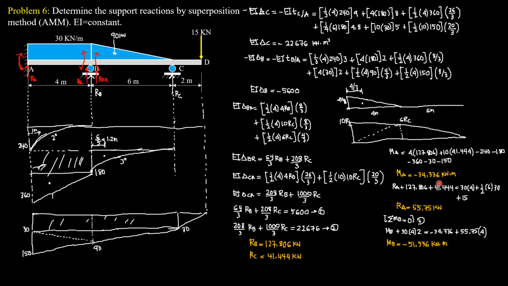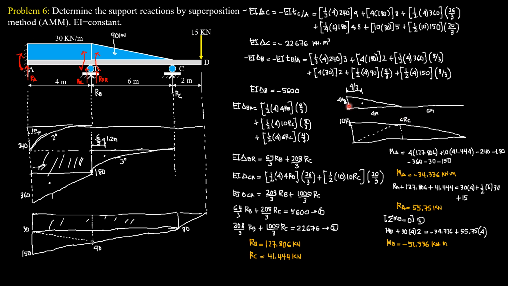Then if you want to compute the moment at A, assuming it is positive, the positive sense of moment at A is clockwise, then counterclockwise at B if it is positive also. So summation of moments about A, or another way for moment at A, it is just the accumulation of these moments.